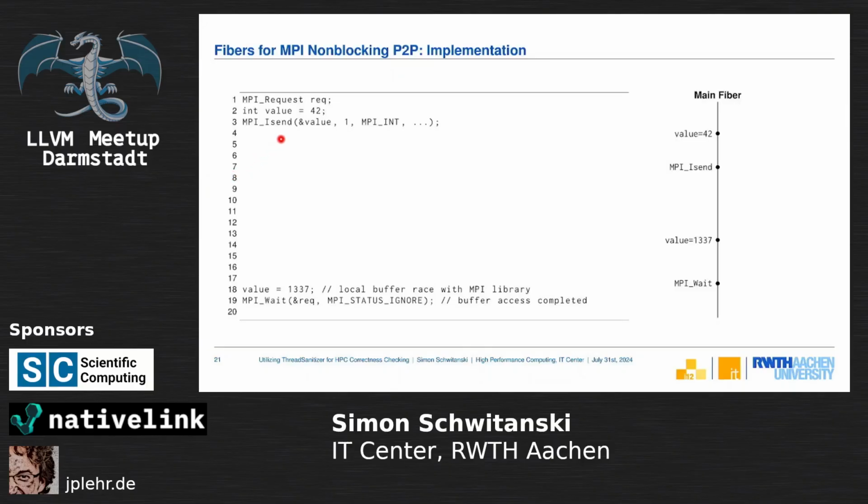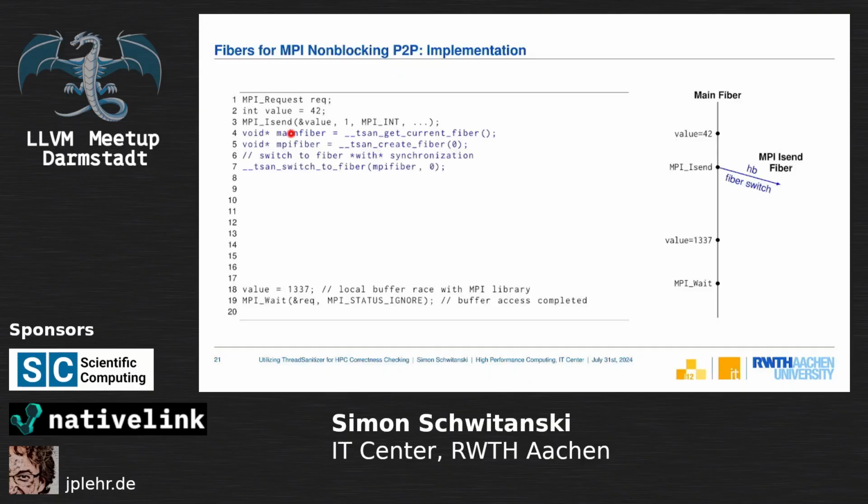We have our MPI send, and we first have to say, okay, we have an ISEND and we have to create a new fiber and get also our current fiber. So there's also always the default main fiber. We create an MPI send fiber, and we switch to that fiber with synchronization.